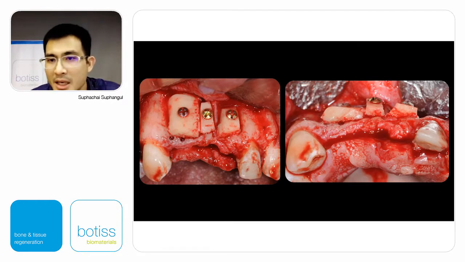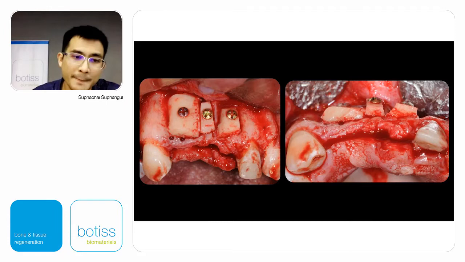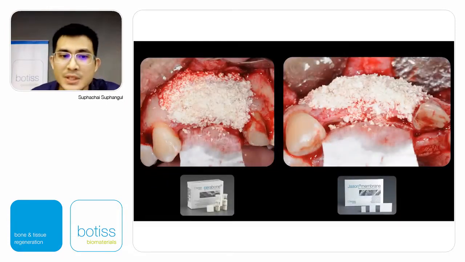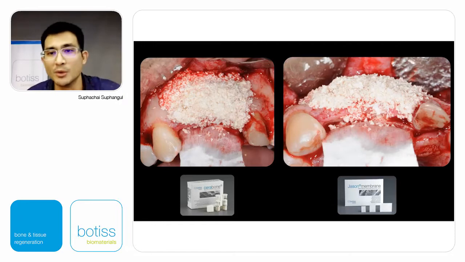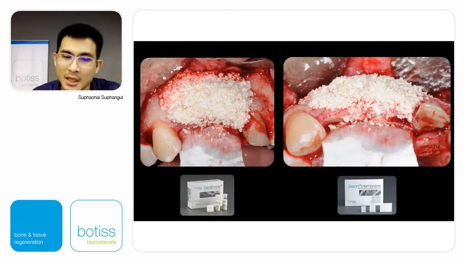However, there is some gap between the adjacent tooth and the bone graft itself. I use xenograft to fill the gap. One purpose is to fill the gap, and the second is volume stability. I cover that with the pericardium collagen membrane.